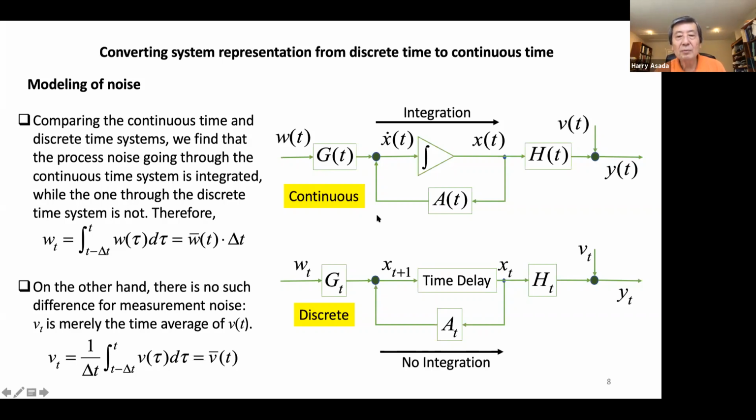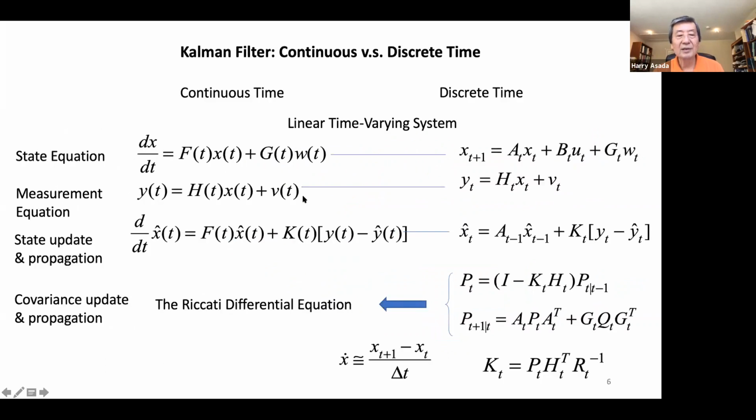So in the case of a process noise, w(t) is fed into the system, and in the case of continuous time, you have an integrator. x dot(t) is integrated to get the x(t), and then you have a feedback through A(t), and that's actually what this state equation says, right?